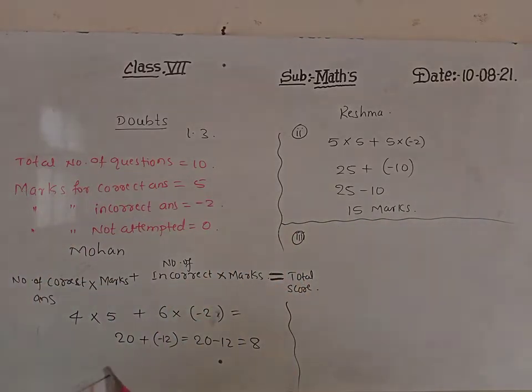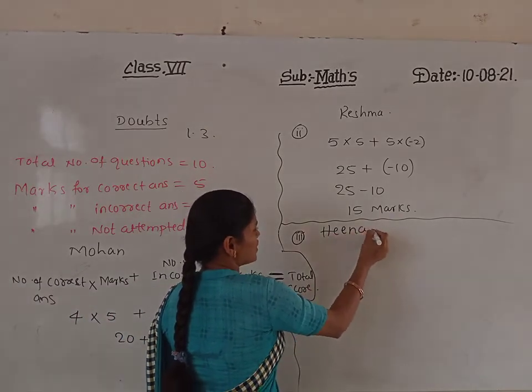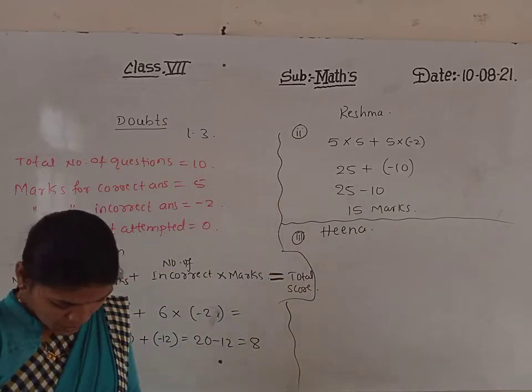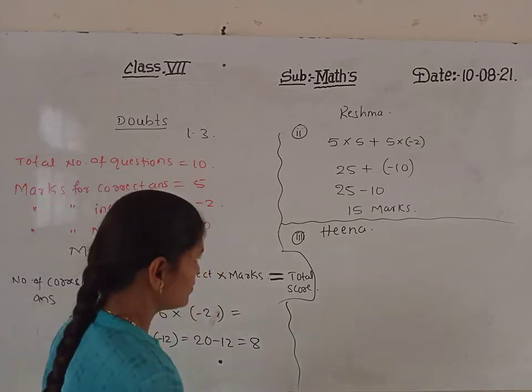Next, third question. Hina, the third girl. Hina gets 2 correct and 5 incorrect.